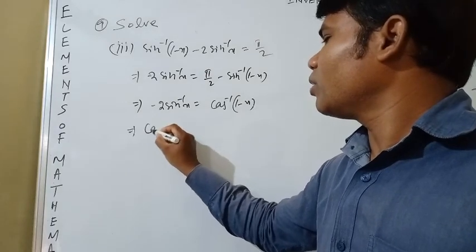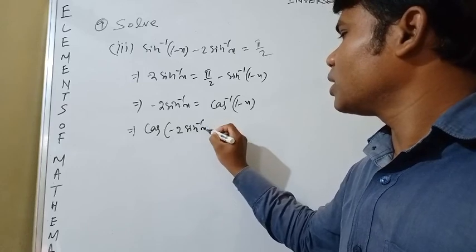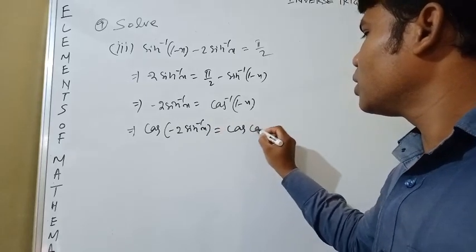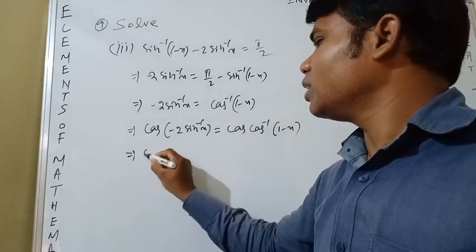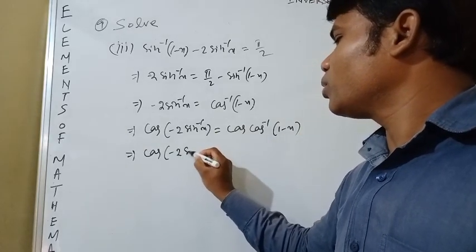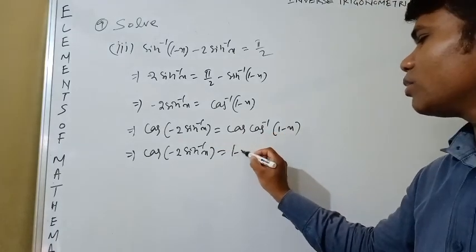Then taking cos on both sides, cos(−2 sin⁻¹x) = cos(cos⁻¹(1 − x)), cos inverse will cancel out, this is 1 − x.